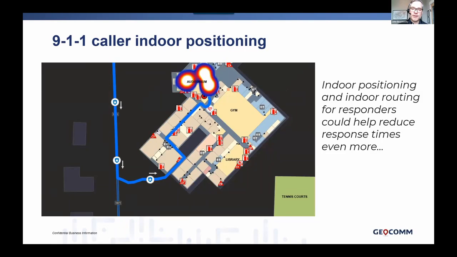Then if you combine that with outdoor and indoor positioning systems, we're all familiar with outdoor positioning with GPS, but we're seeing lots of developments in indoor positioning systems. There's a variety of different indoor positioning technology emerging, and it's getting really, really good.